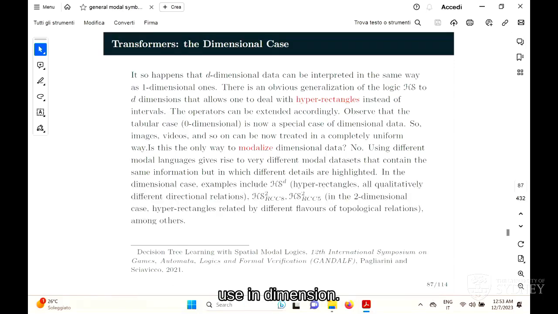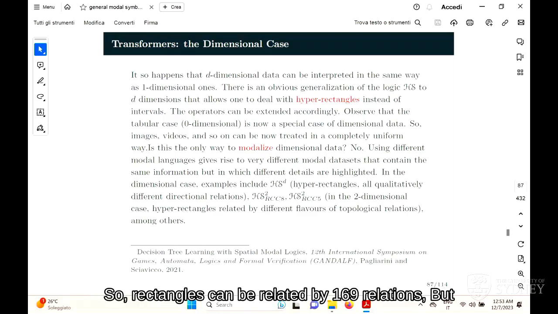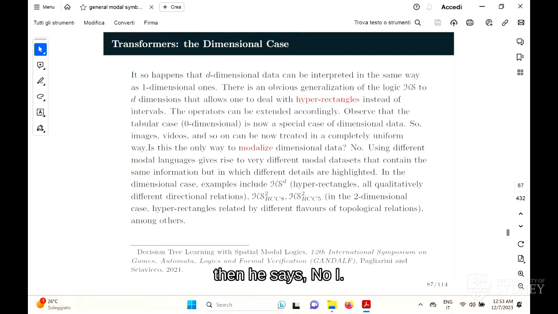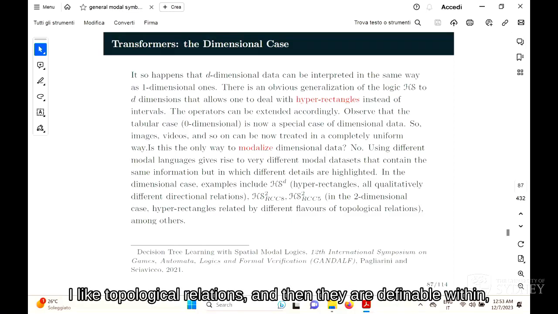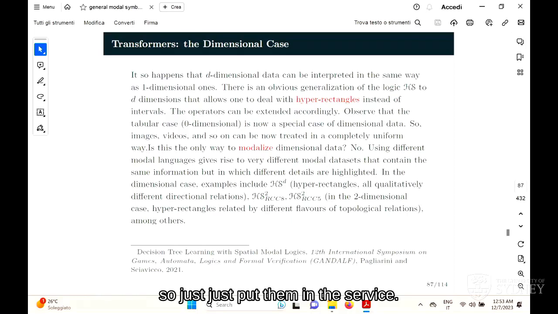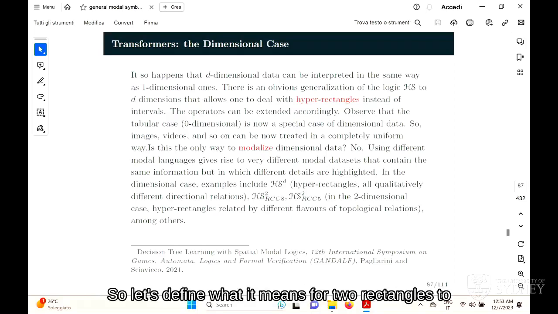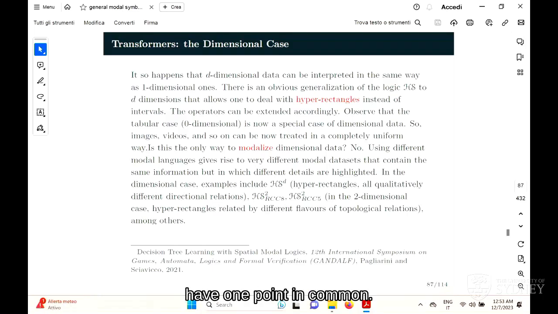The logic that we use in dimension more than one is the same logic, only in the multidimensional case. So rectangles can be related by 169 relations, but then someone says, no, I like topological relations, and then they are definable within it. So let's define what it means for two rectangles to have one point in common, okay?